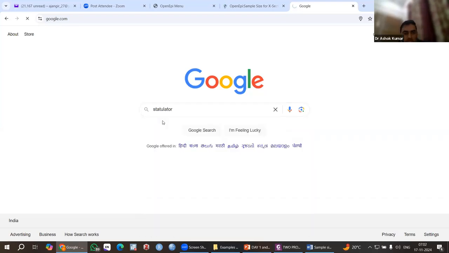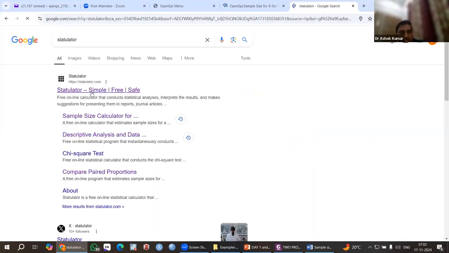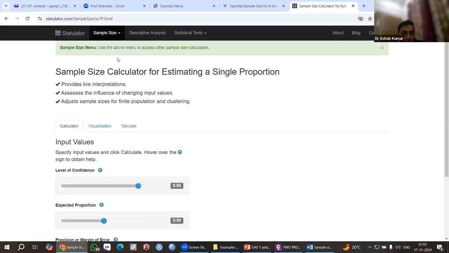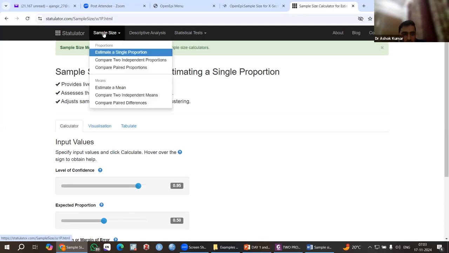Statulator. Okay, this is Statulator. Then this window is coming, and I have to click sample size here. In Statulator you can see sample size, descriptive, statistical test. So I have to click sample size, and this is comparison of two independent proportions.